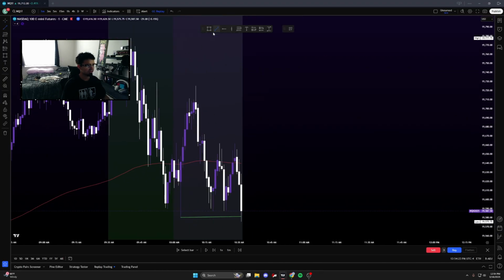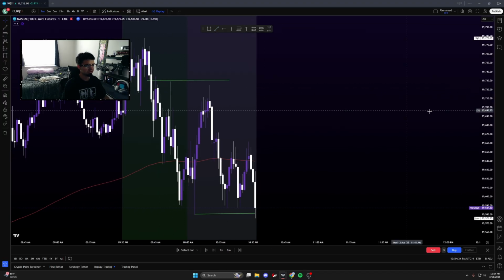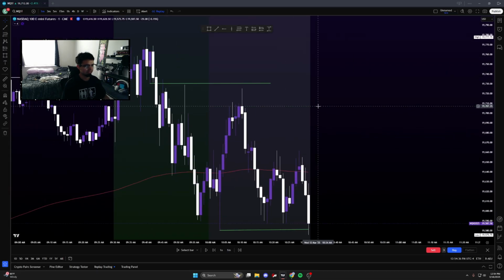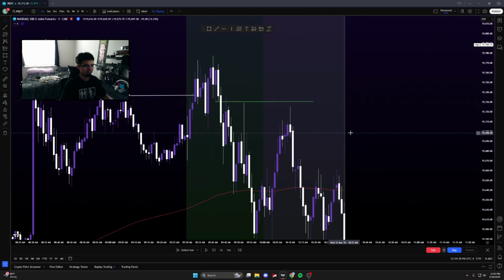And we see that when it breaks structure right here at this low, price actually doesn't retest it after the 9:50 macro. And that's why we entered off of the fair value gap that followed it.